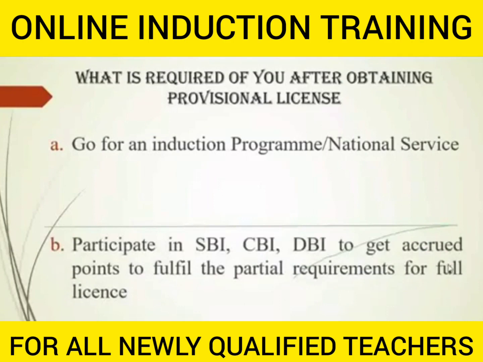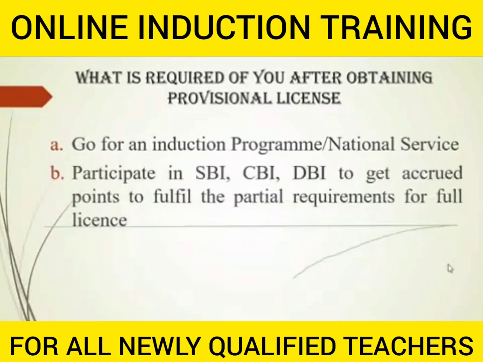Two, you participate in school-based INSET, cluster-based INSET, district-based INSET to get accrued points to fulfill the partial requirement for full license. So please take note that you are expected to undergo SBI, CBI, DBI to get the required CPD points.